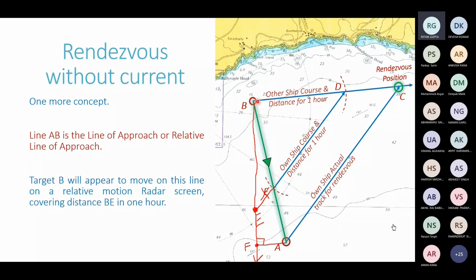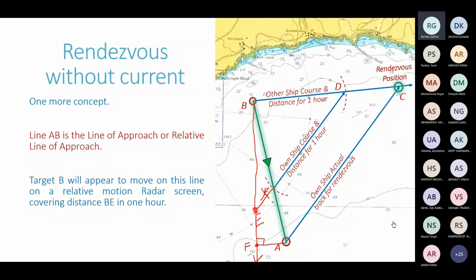CPA. Now this triangle which we made, Bravo, Delta, Echo, is a 1 hour triangle. So in 1 hour, the target ship is going to move from B. It is going to approach towards my ship, and it will be at Echo point. So this is the speed of approach.